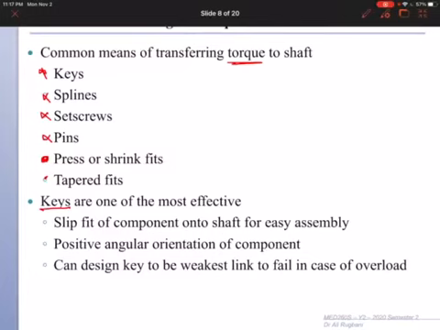They will provide positive angular orientation of components, and usually keys are designed from weak material. So for any failure, we make sure that the first part to fail is the key itself, not the component, not the gear, and not the shaft. And it will be cheap and easy to replace the key, not the shaft or the component.